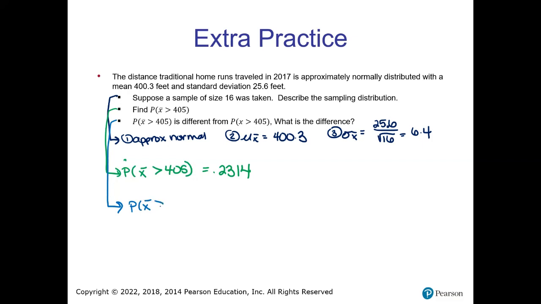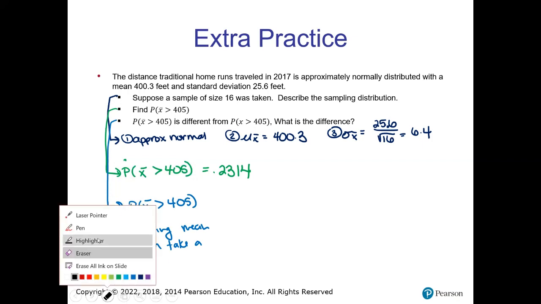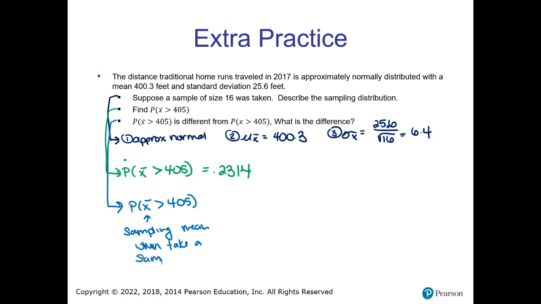X bar greater than 405 is the sampling mean, so this has to be done when you take a sample from the population. If it is just X, this is a population value.